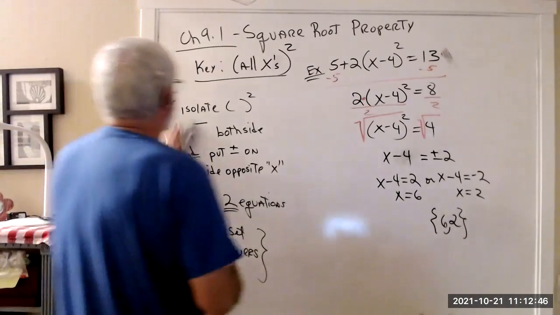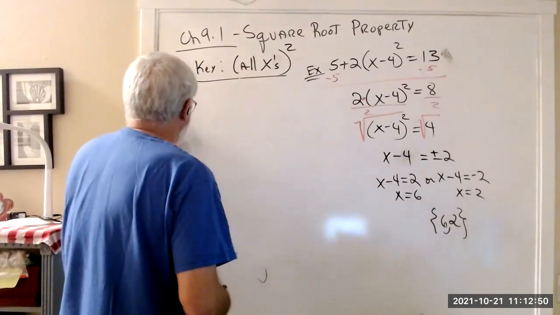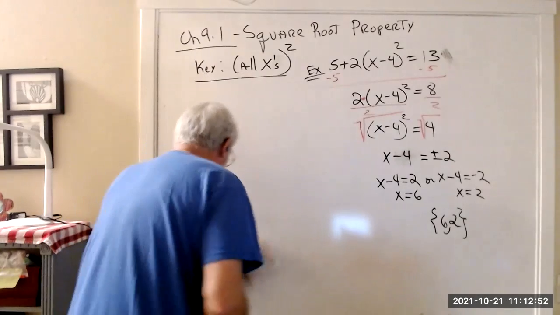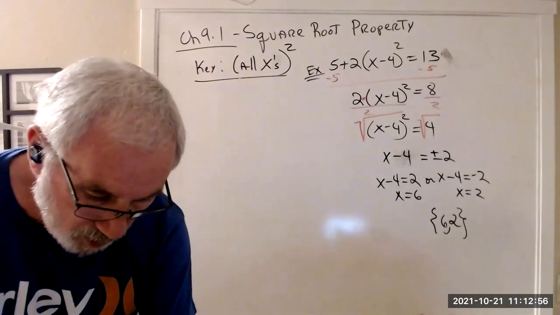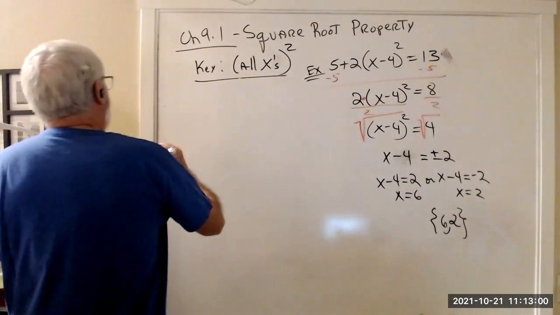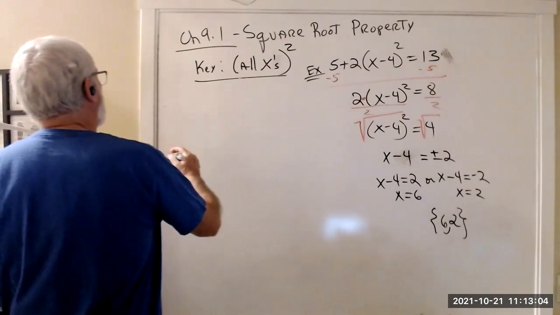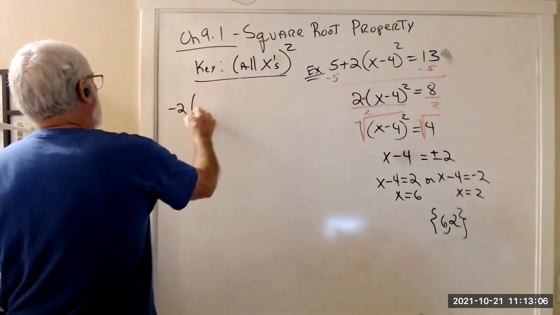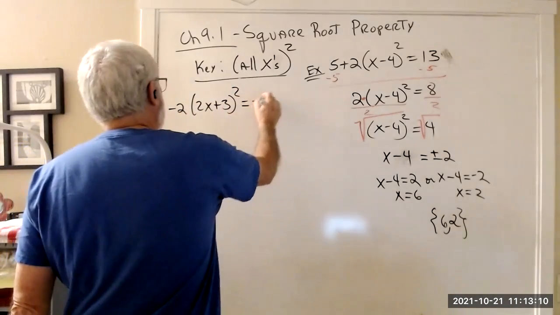Okay, here you go. This is still a reasonably nice example. Haven't gotten nasty yet. Negative 2 times the quantity 2x plus 3 squared equals negative 32.